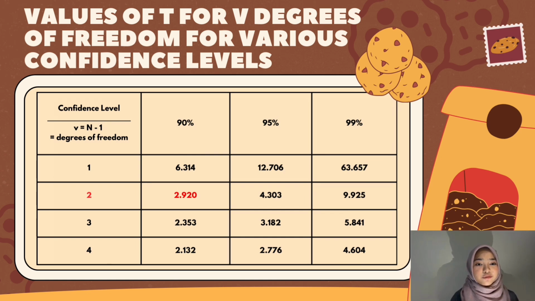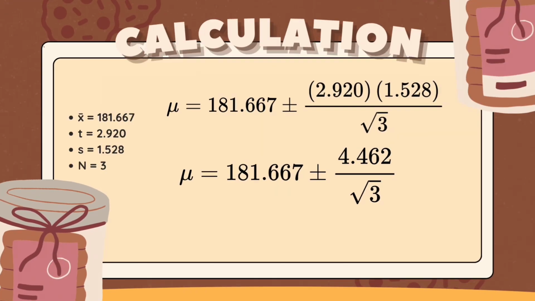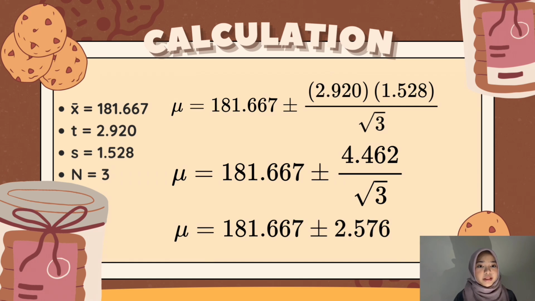The degrees of freedom V equals number of samples minus 1, so we have 3 minus 1 equals 2. If we take 90% confidence level, the value of statistical factor is 2.920.